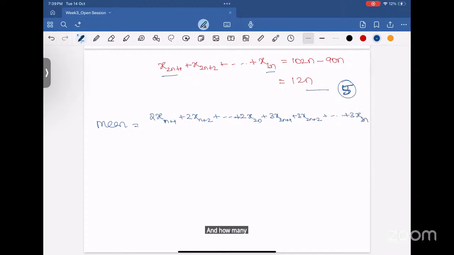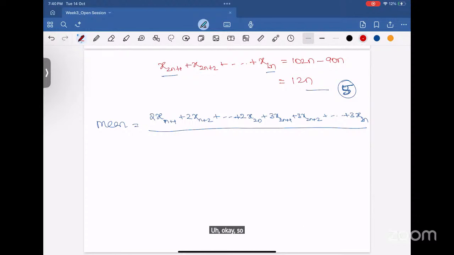How many data points are there from n plus 1 till 3n? I think 3n minus n minus 1, that means 2n minus 1.